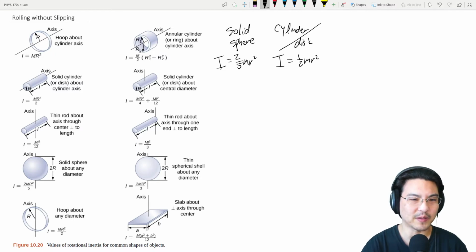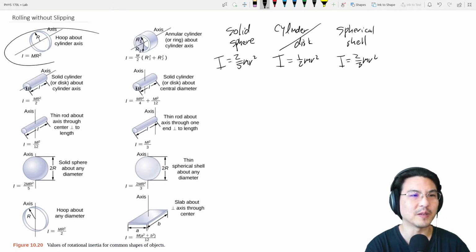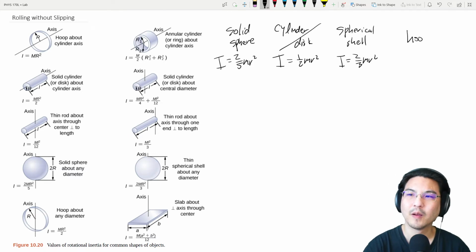Okay, and then how about this thin shell? Here the moment of inertia is 2/3 mr squared. And then let's go with the hoop up here. Moment of inertia is just mr squared.